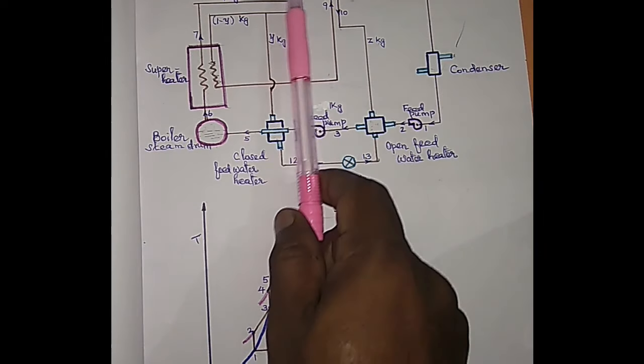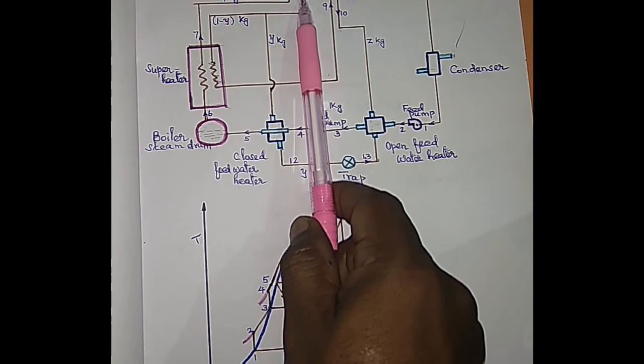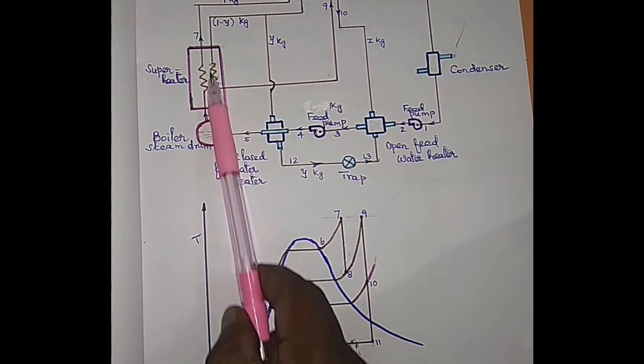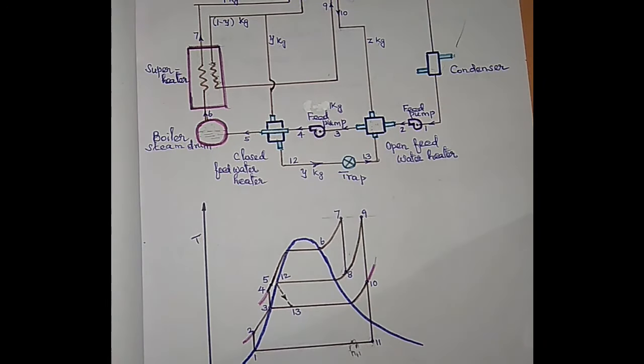That is why you have got an HP turbine and an LP turbine. In between, the steam is passed through the reheater. This is the reheater, and it is passed back to the LP turbine. Okay, what is regeneration?